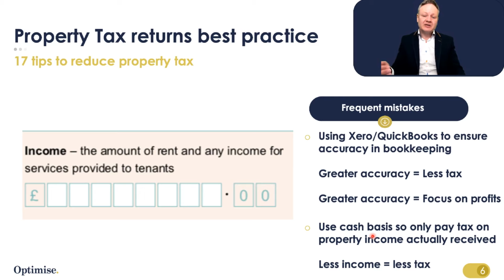So from a tax perspective, the accruals basis where it's automatically doing this for you isn't so great, because now you're paying tax on money you have not received. And it is totally possible that you, as a taxpayer, have paid tax on income you may never receive.